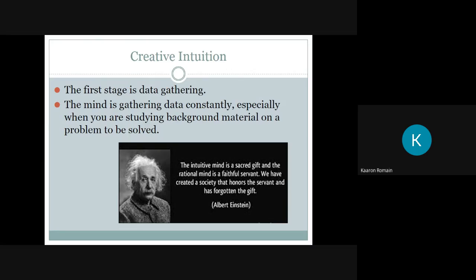The mind is gathering data constantly, especially when you are studying background material on a problem to be solved. Albert Einstein said, "The intuitive mind is a sacred gift, and the rational mind is a faithful servant. We have created a society that honors the servant and has forgotten the gift."